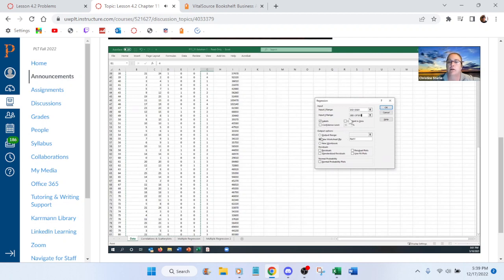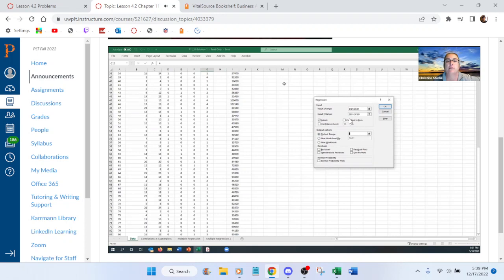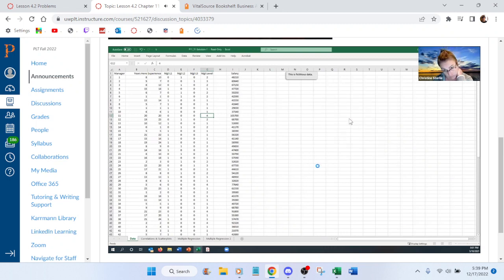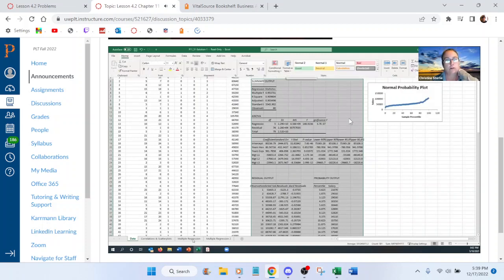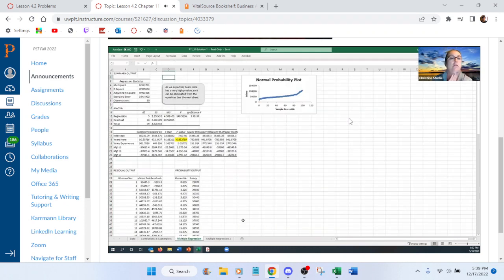We can throw it onto this sheet here, mainly because I have it repeated behind this. We better check off our plots just in case we need to assess assumptions. So again, that output is going to look like this one here.